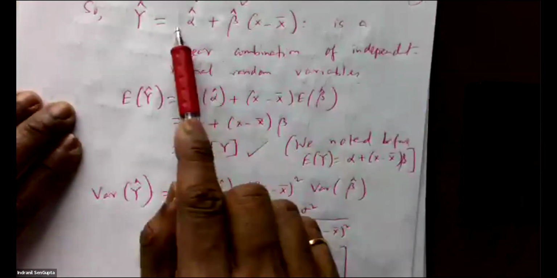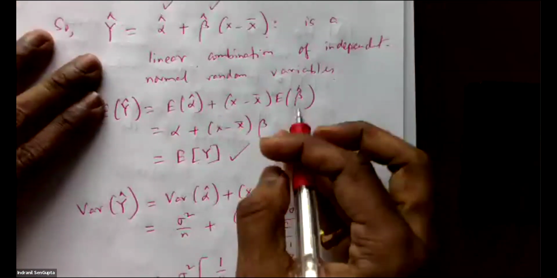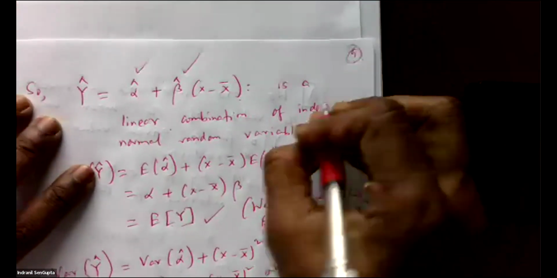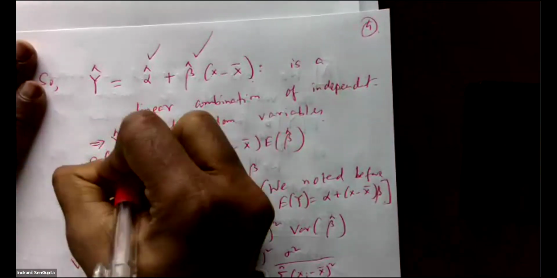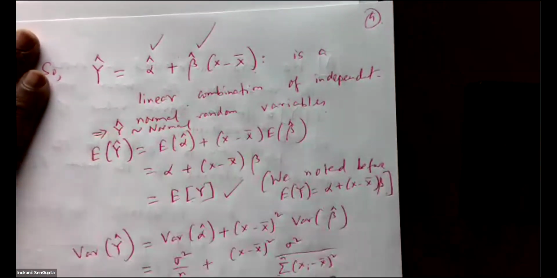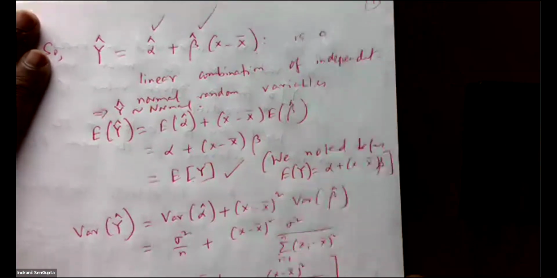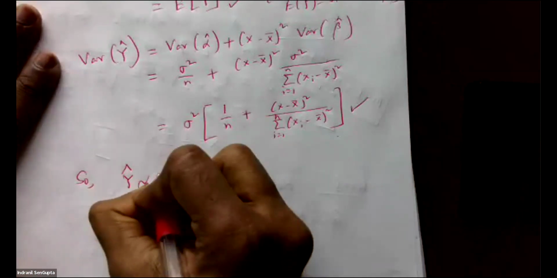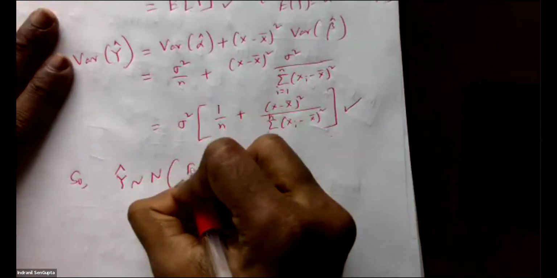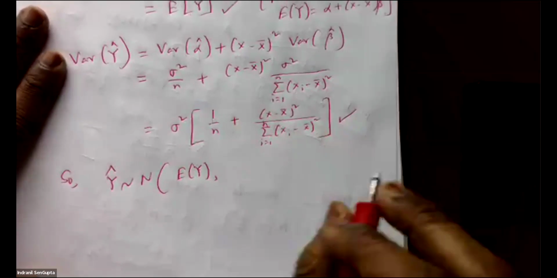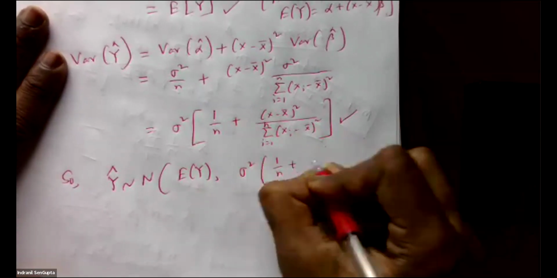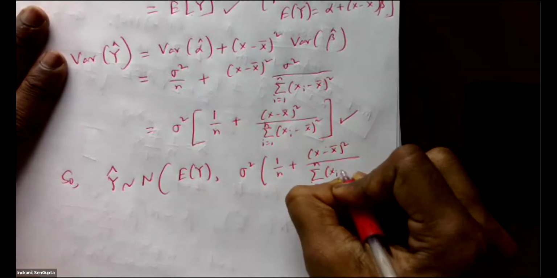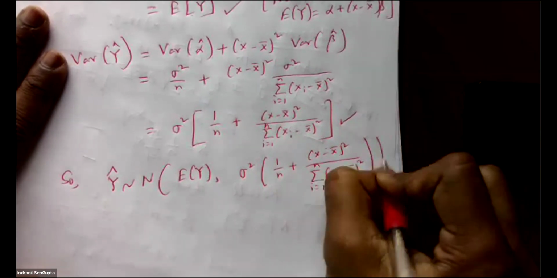And of course, it's a linear combination of independent normal random variables, so y hat follows a normal distribution with mean E of y and variance sigma squared times 1 over n plus x minus x bar squared over summation i from 1 to n of xi minus x bar squared.